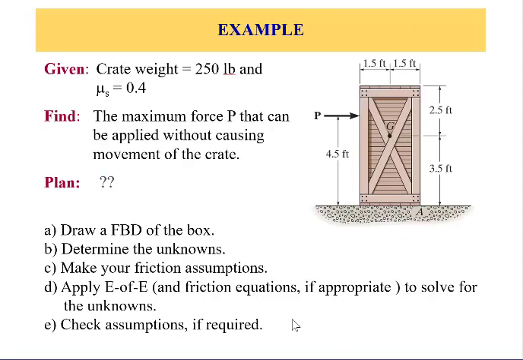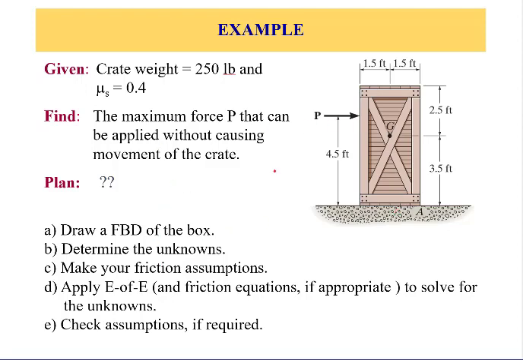To summarize that in an exercise given in this example, a crate that has a weight of 250 pounds, the coefficient of static friction is known to be 0.4, and that again can be experimentally calculated, and it depends again on the material of the surfaces and the surface conditions, such as, is it wet or is it rough.